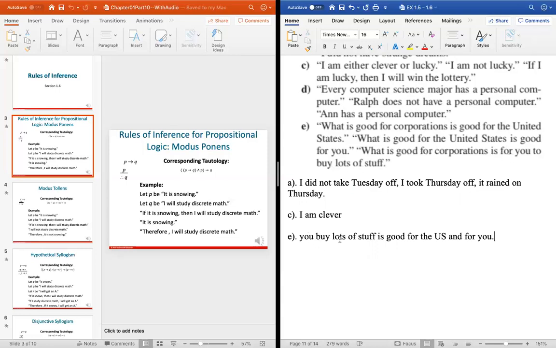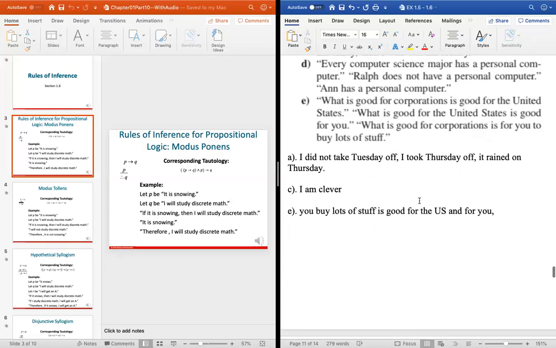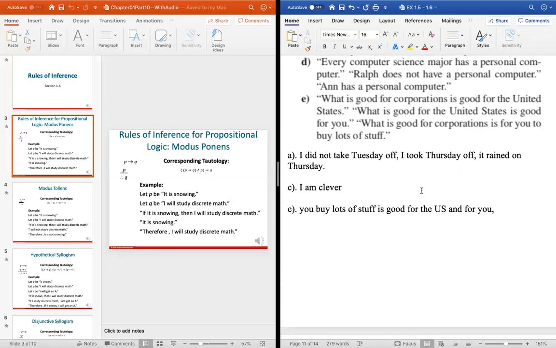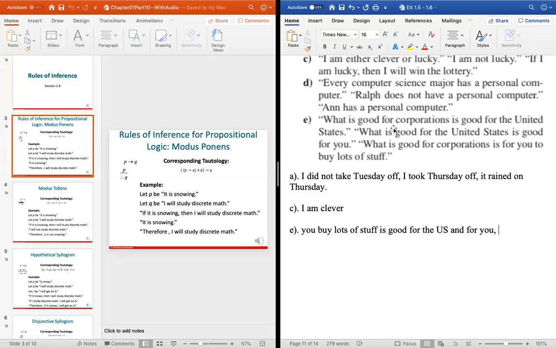So if I buy a lot of stuff, then this is good for the United States and good for me. Well, this doesn't relate to the actual truth, so this is just a statement. So this is one of the valid conclusions from here.